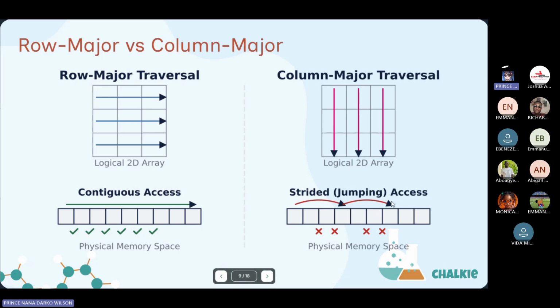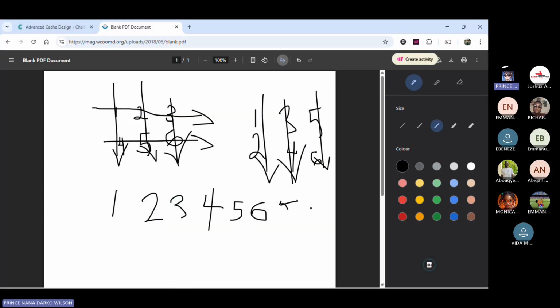However, sharded or jumping is not advisable. The reason is that when it is being done, you jump from here to this side, jump from here to this side. Just like what we demonstrated earlier in the column major, what do you see?